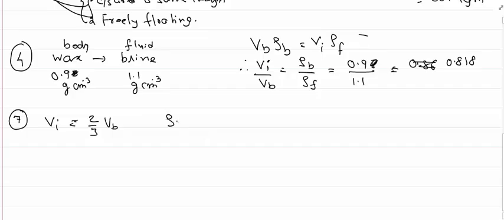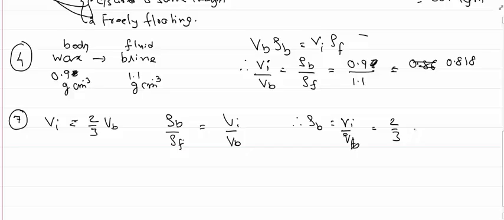I know that density of the body upon density of the fluid is equal to Vi by Vb. In this case, density of fluid is 1 because it's water. So rho B is equal to Vi by Vb. Now Vi by Vb is equal to 2 upon 3, and that will be equal to 0.667 gram per centimeter cube.